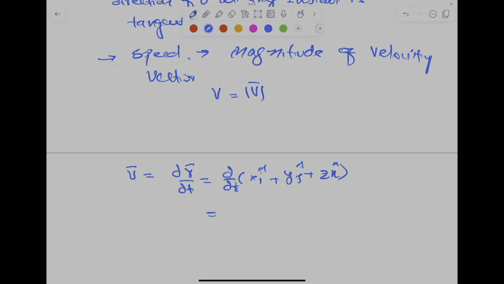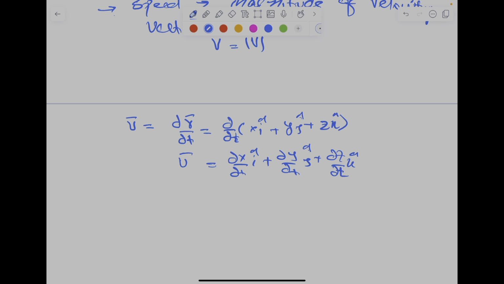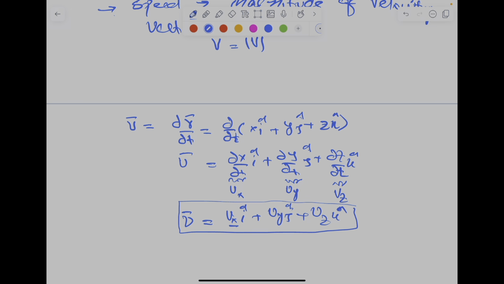It is dx over dt i, dy by dt j, dz by dt k. So this is your velocity. This component is vx, this component is your vy, and this component is your vz. So the v vector is vx i plus vy j plus vz k.